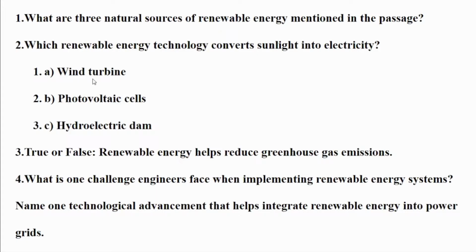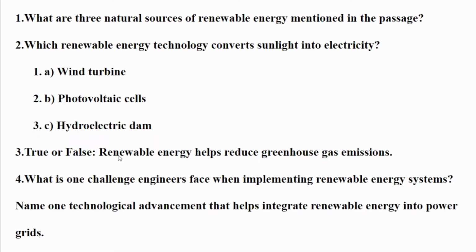Right here, this is an MCQ question. Which renewable energy technology converts sunlight into electricity? You can see wind turbine, photovoltaic cells, and hydroelectric dam. Among these answers, you have to select one. Options are given, so that is MCQ type one.